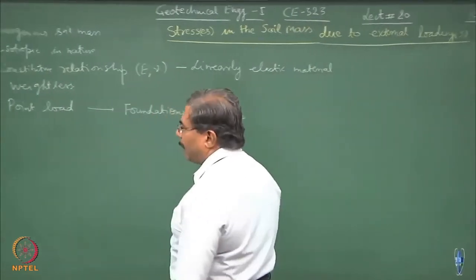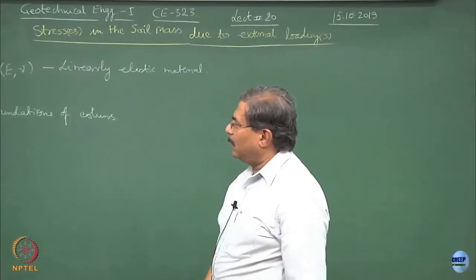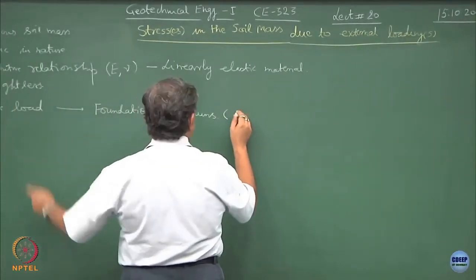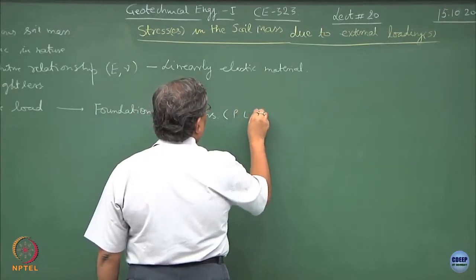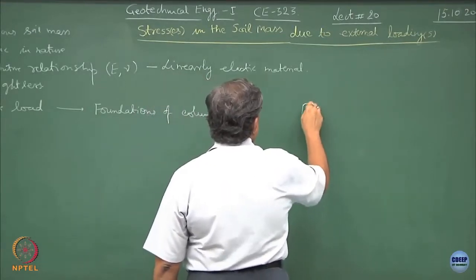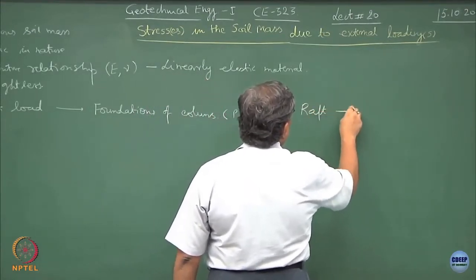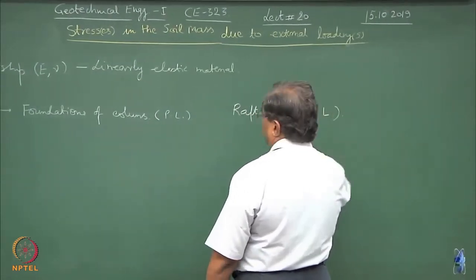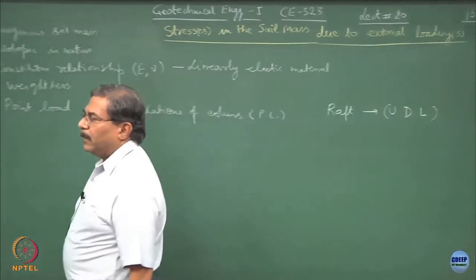The moment I say raft, this is not a point load. So, foundations of the columns are point loads, alright. If I convert it into a raft, this becomes a uniformly distributed load area wise.